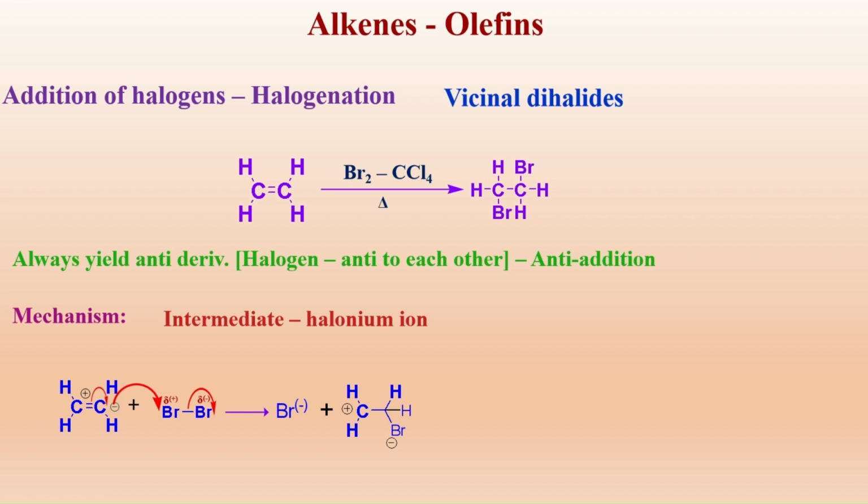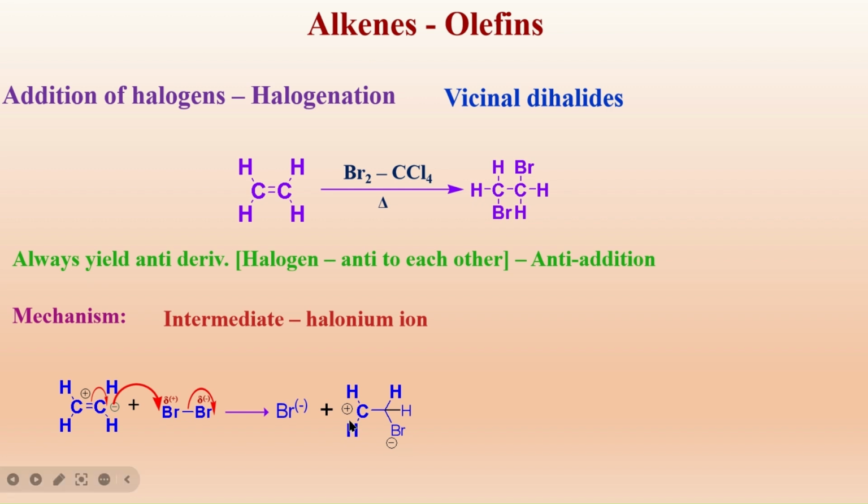Along with that, bromine gets added across this carbon-carbon double bond. As these excess electrons are shared with bromine, the bromine becomes electron rich. The carbon adjacent to the carbon where bromine is attached is electron deficient. This is electron rich and this is electron deficient, and both are adjacent to each other.